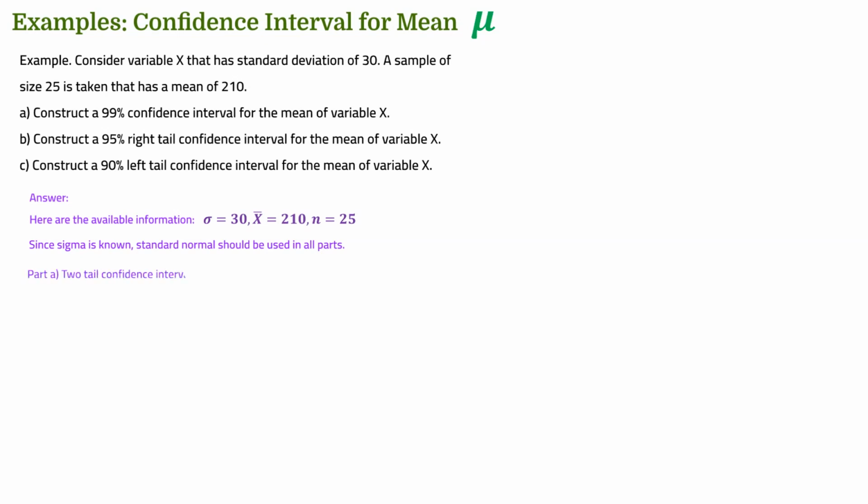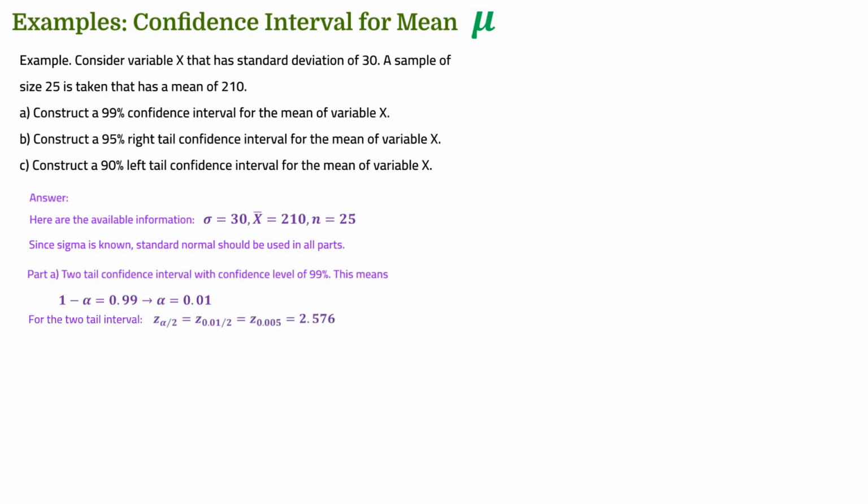Part A, two-tail confidence interval with confidence level of 99% should be created. This means 1 minus alpha is 0.99 and alpha will be 0.01.